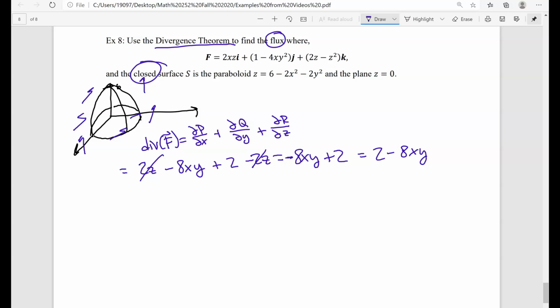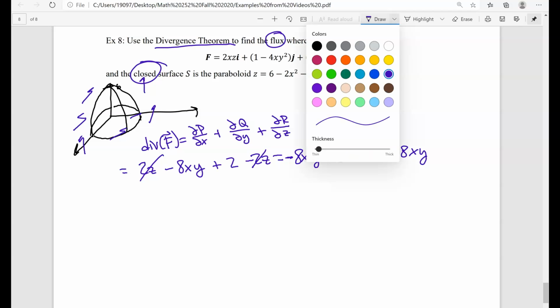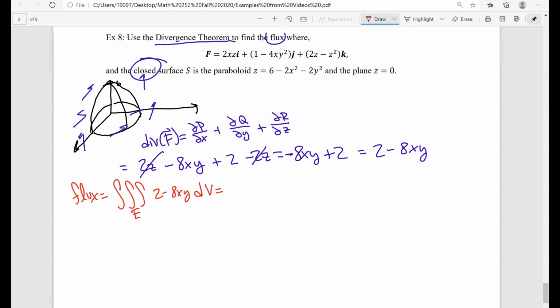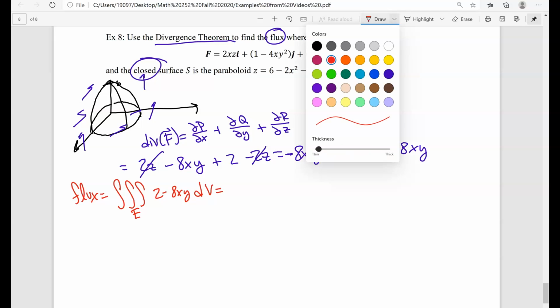Now all we want to do is find this flux. We are using the divergence theorem, so it's the triple integral over the region E of 2 minus 8xy dV. If we look at the paraboloid, setting up this triple integral is pretty straightforward.